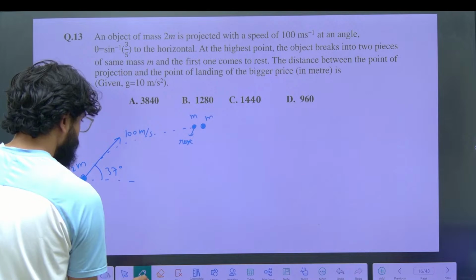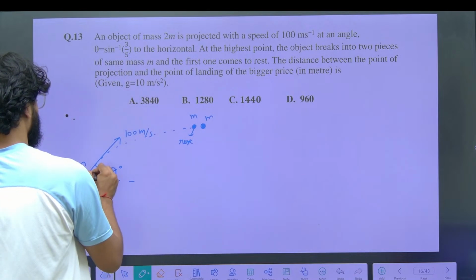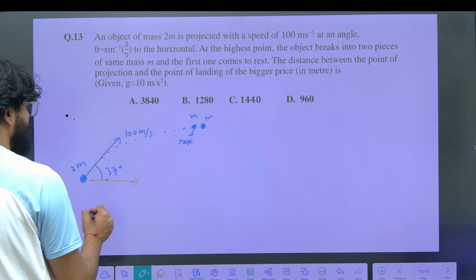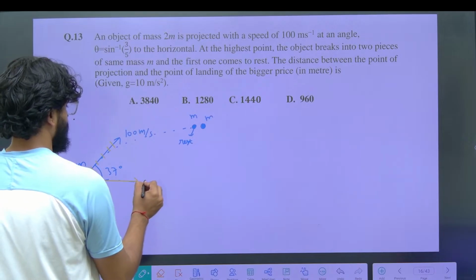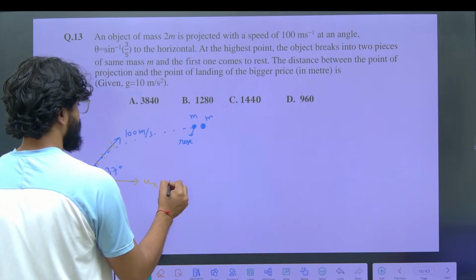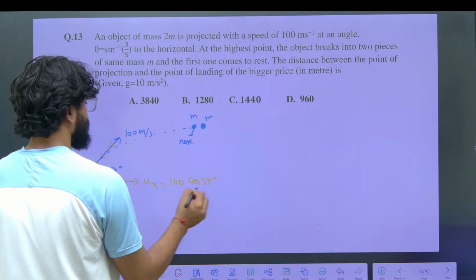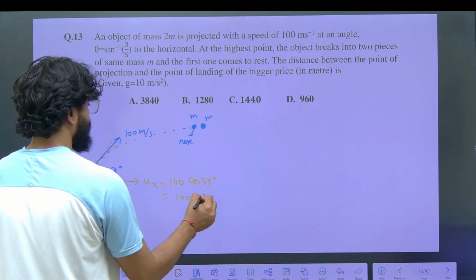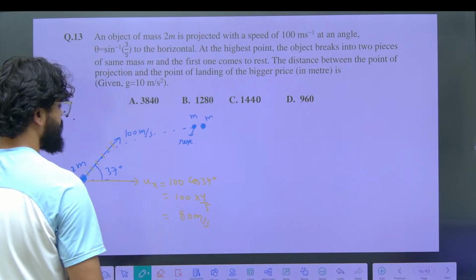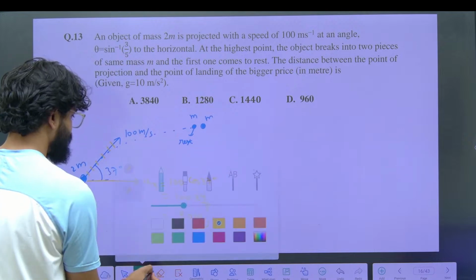Okay. So what will happen? We will conserve the momentum. Yes. So in x direction, what will be velocity? It will be ux, that will be 100 cos 37, which is 100 into 4 by 5, which is 80 meter per second. Okay, chaliye. So this velocity will still be there just before exploding.